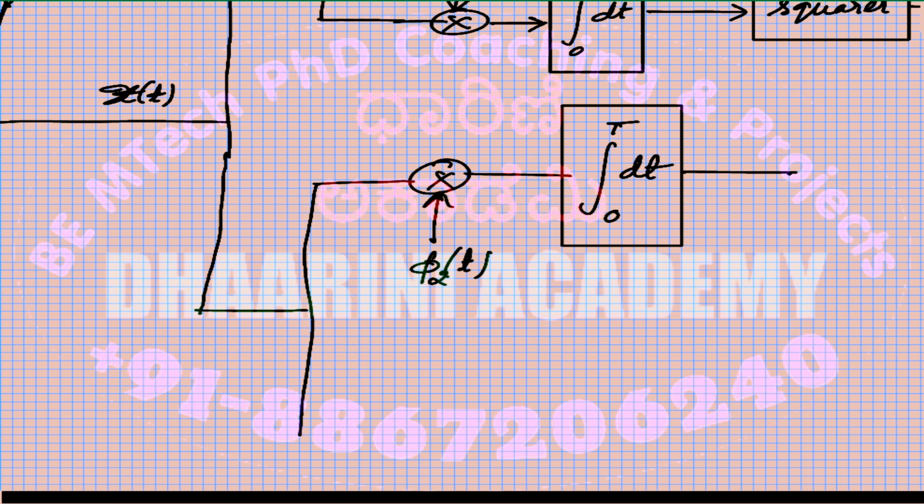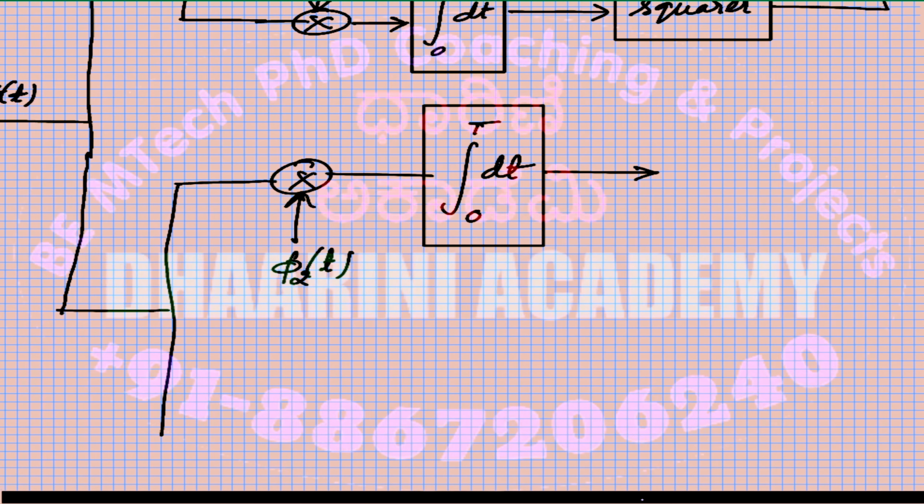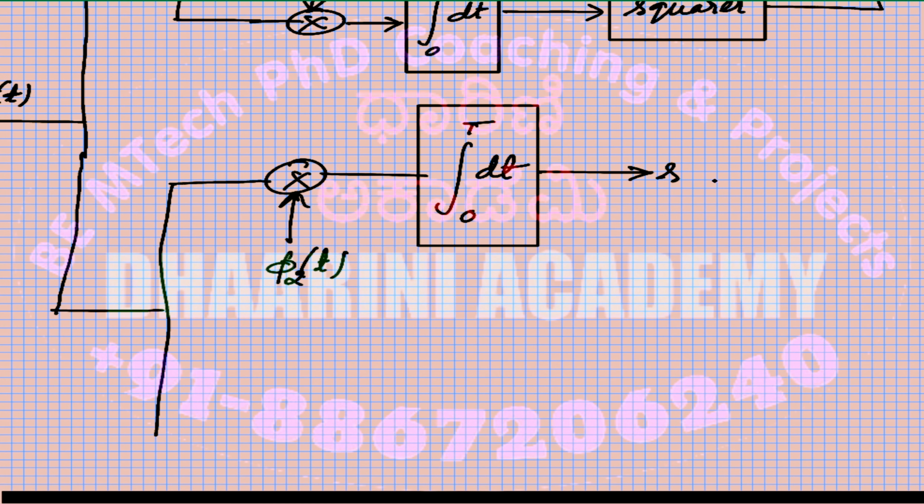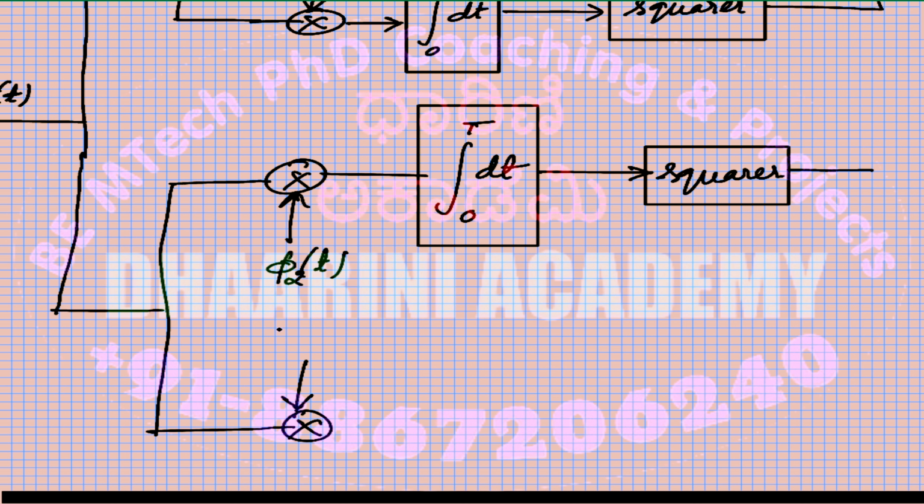This output you are going to pass through a square. Okay, same thing. Multiply this with phi 2 cap of t. Perform integral 0 to t dt.